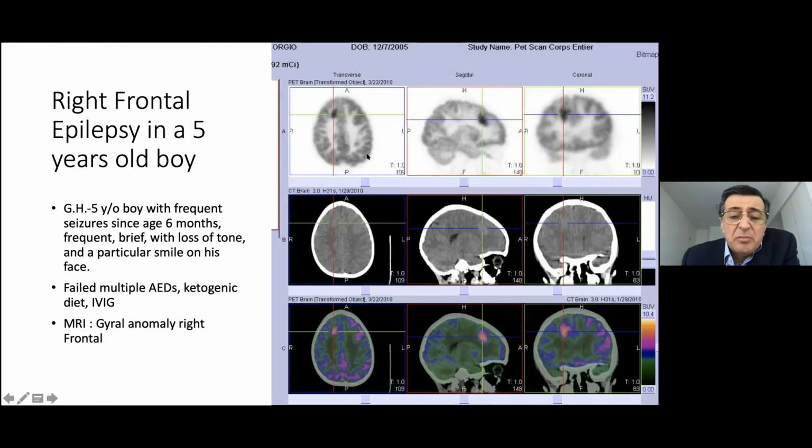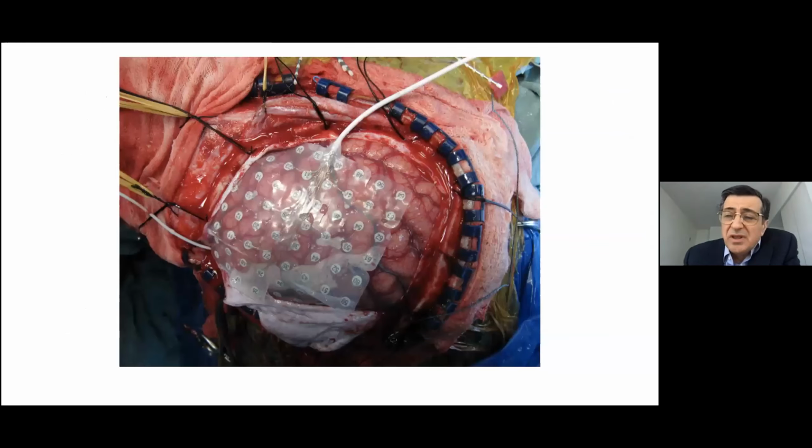And he had, by chance, an ictal SPECT that demonstrated, you can see here on the ictal SPECT, the uptake. So we investigated him because of the ill definition of the gyral anomaly. We investigated him with a subdural electrode, and you can see here that I cut the electrode in order to have it conform to the particular brain anatomy.